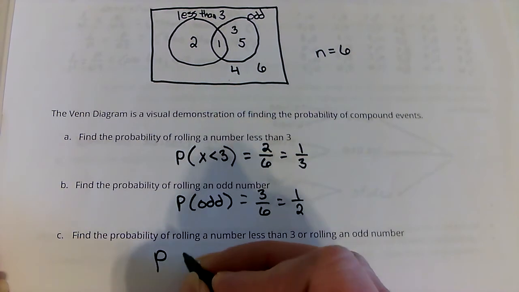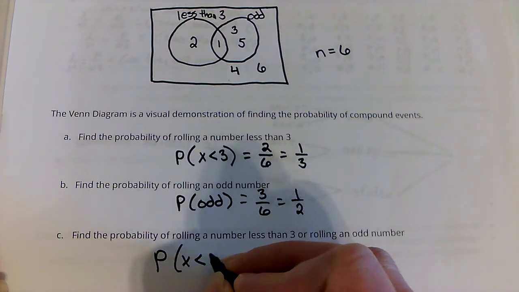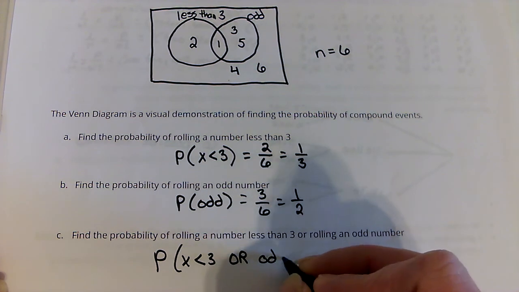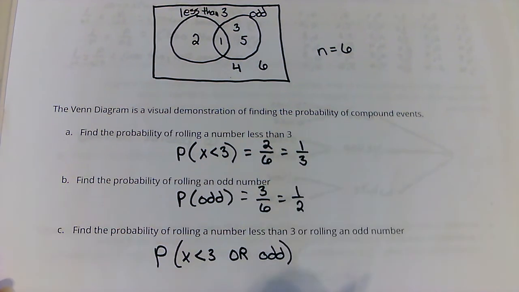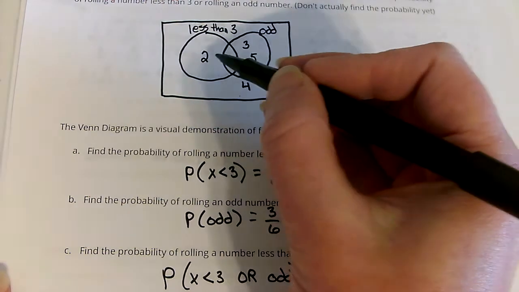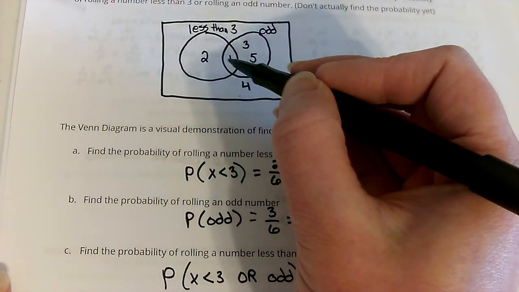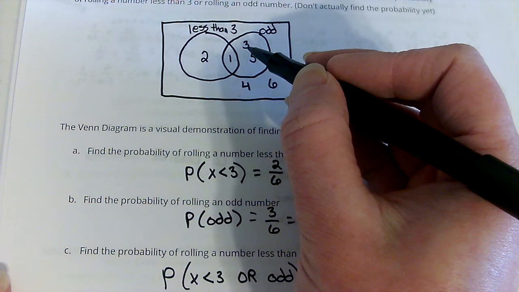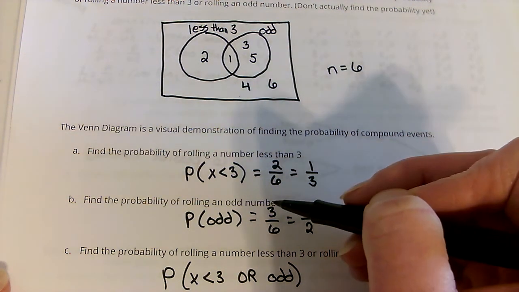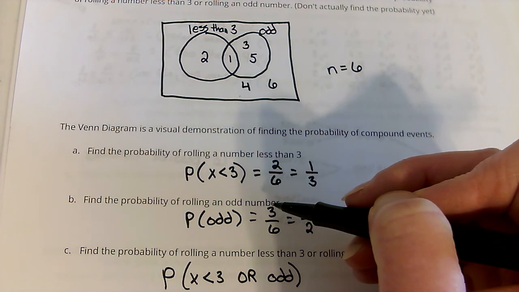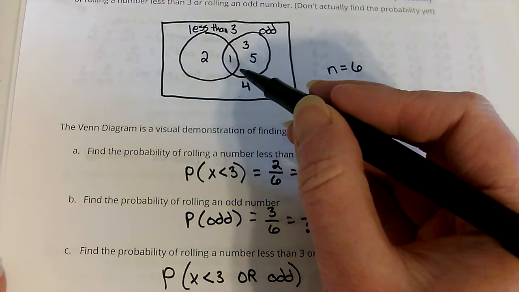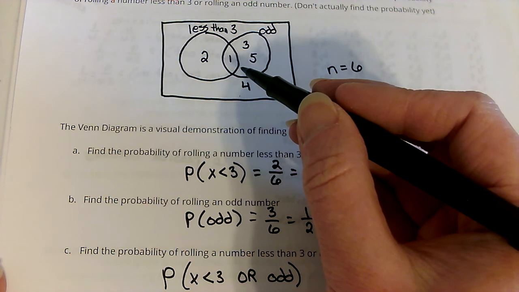But the probability of x being less than 3 or odd is different, because when I count those up, if I just counted 2 plus 3, I would have a 5. But it's not 5, because I would have been counting 1 twice.